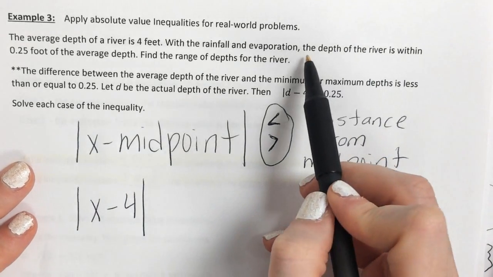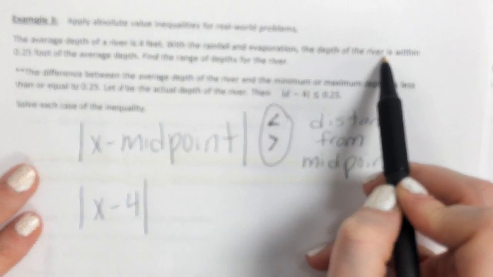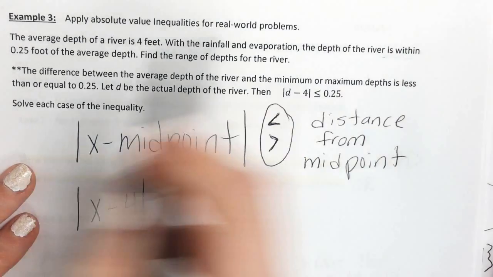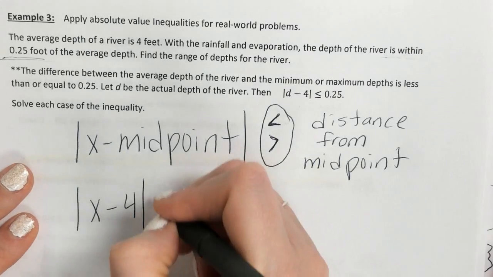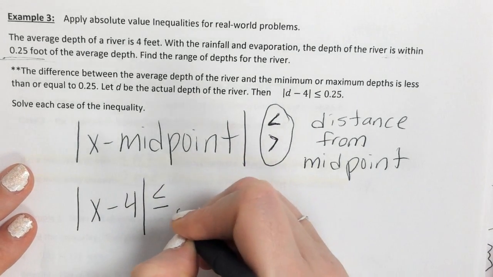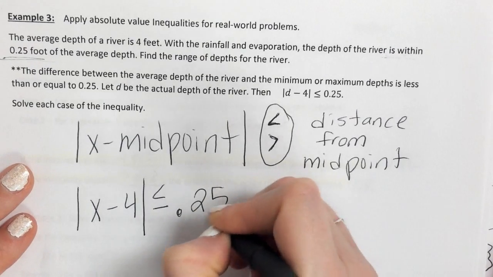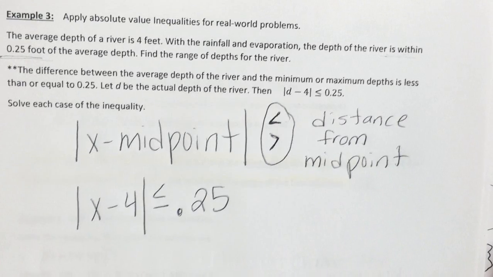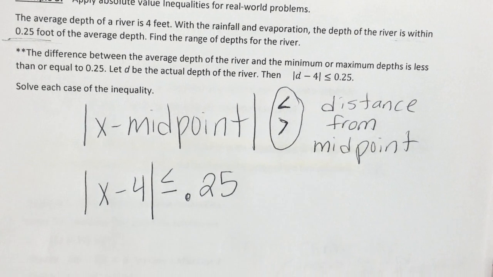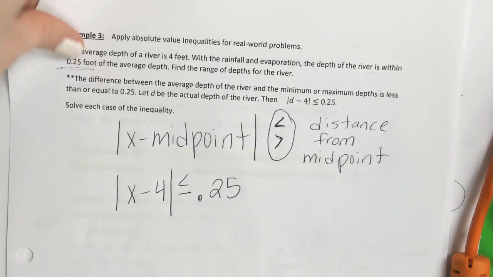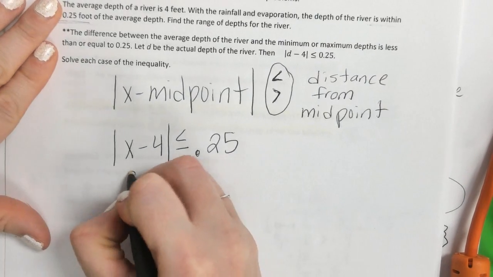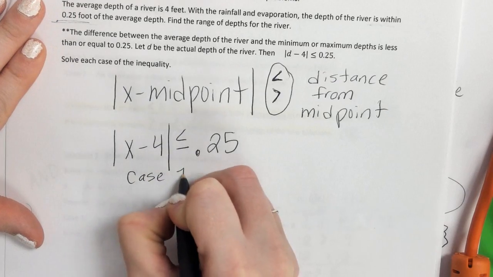And it says the depth of the river is within 0.25 feet of the average depth. So it's going to be less than or equal to 0.25. So now I want to solve this to figure out what it could be.